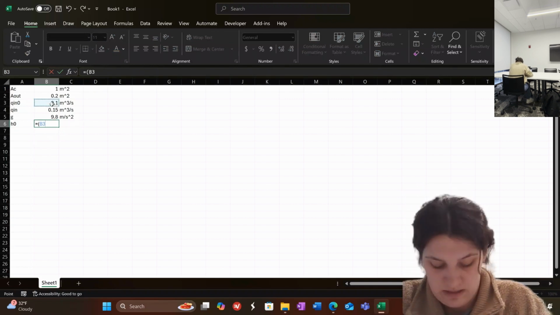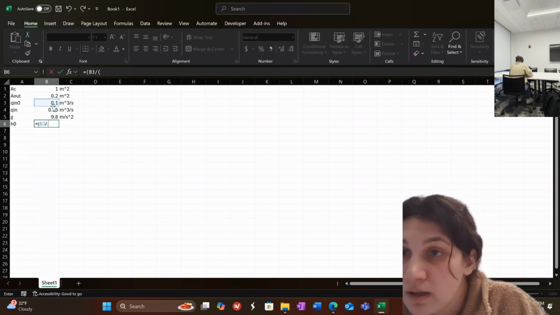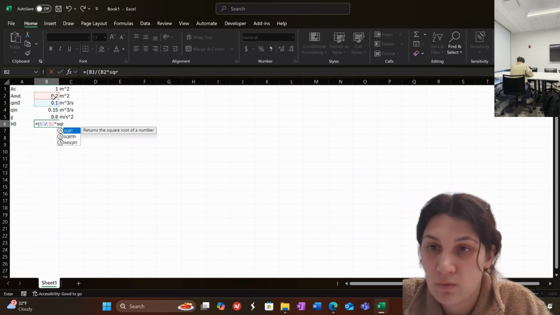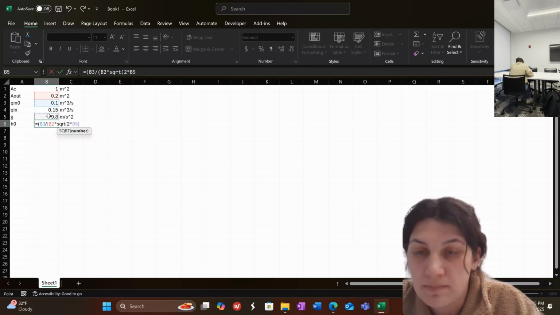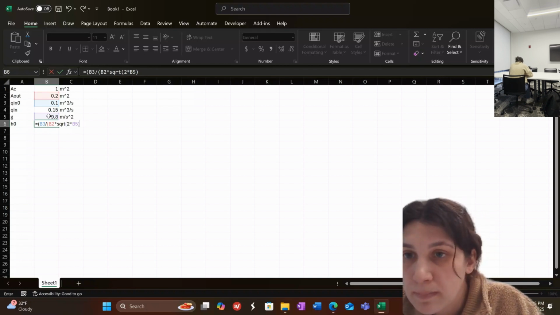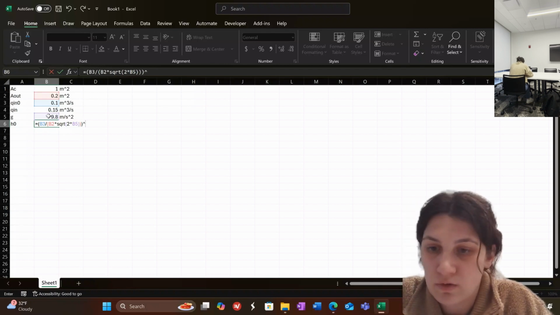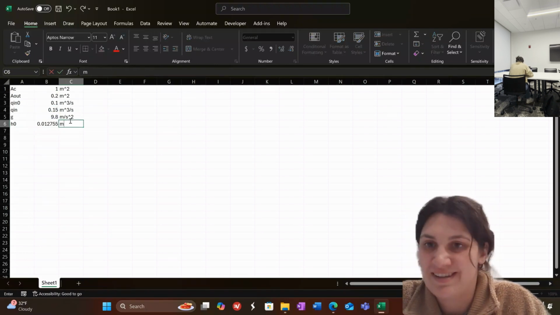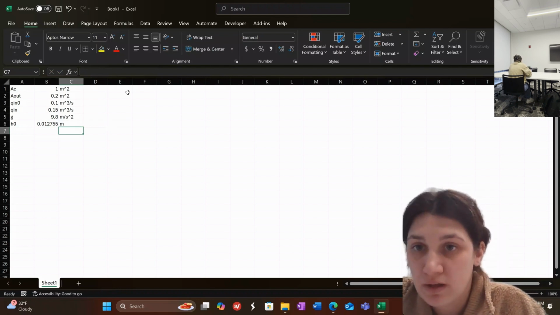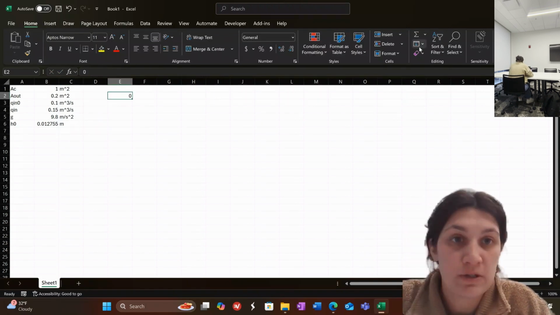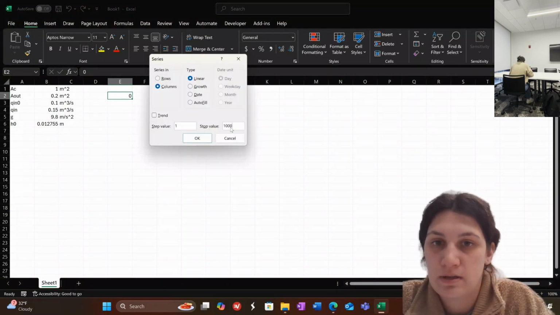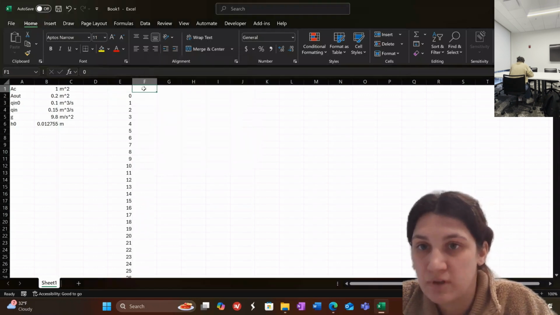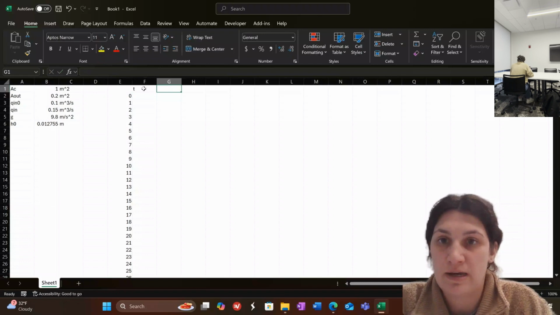Q in naught divided by A out times square root 2 times G, there we go. And that is in meters. I'm going to insert a counter for our steps. Go to series, columns, say 10,000. I'm going to make a column for our time, our height, and our change in height.